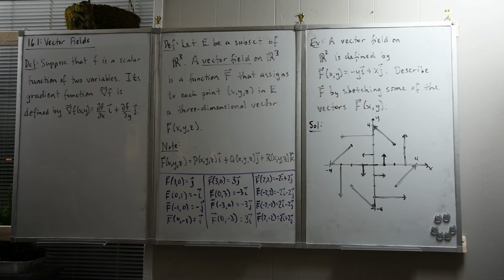And so to get the gradient of f, we'll have partial f with respect to x as i, partial f with respect to y is j.